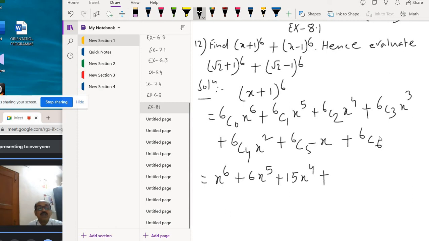Plus 6C3 means factorial 6 by factorial 3 into factorial 3. So 6 into 5 is 30, 30 into 4 is 120, 120 by 6 is 20. So 20 x cube.